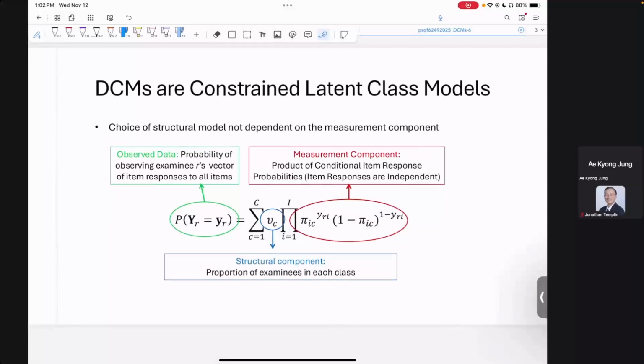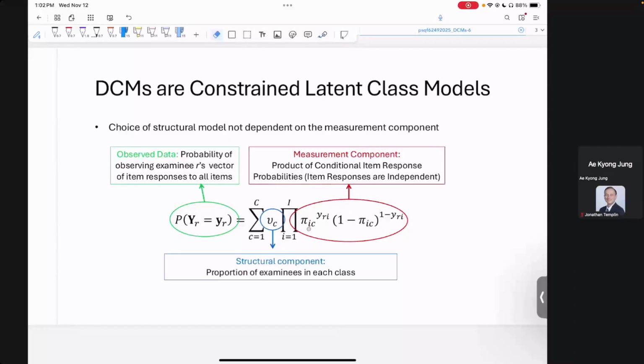And the latent class model is also composed of a structure component and a measurement component. This measurement component shows the relation between the item responses and the latent traits. This is the product of conditional item response probabilities. Conditional means it's conditioning on the class. So each class has a different probability of correctly answering the item.